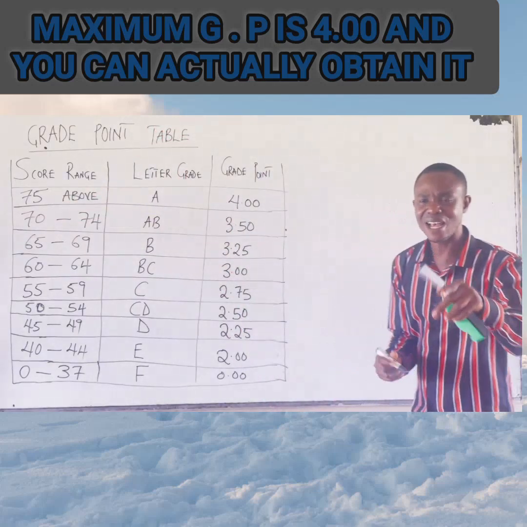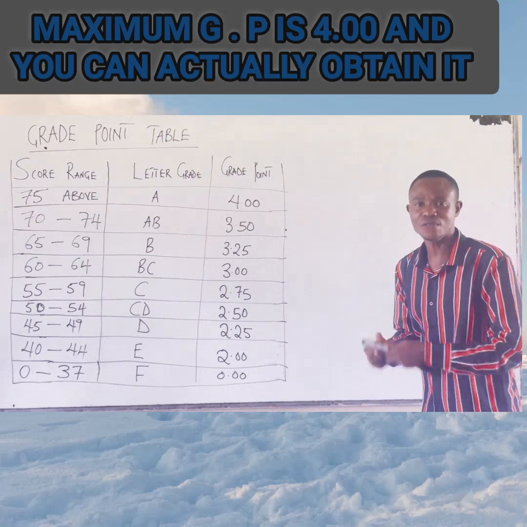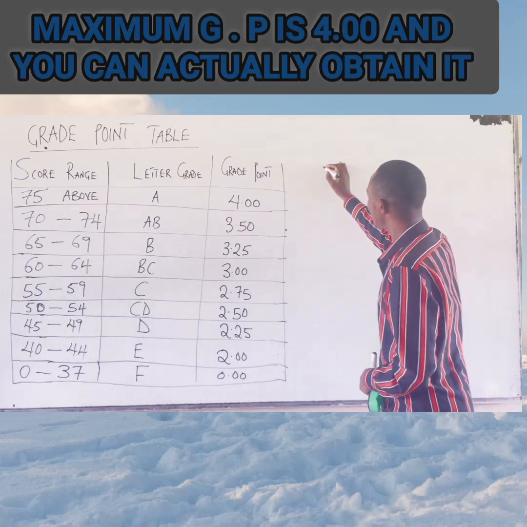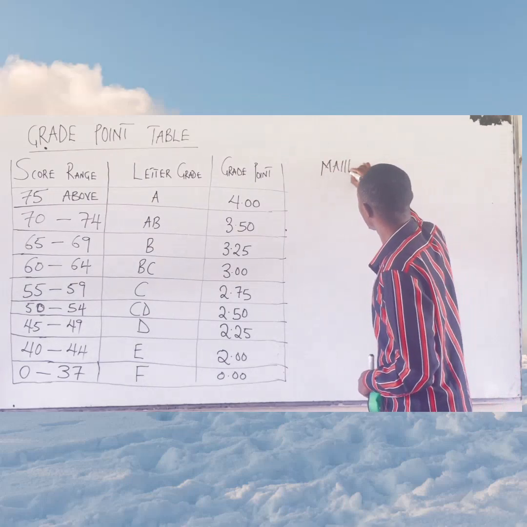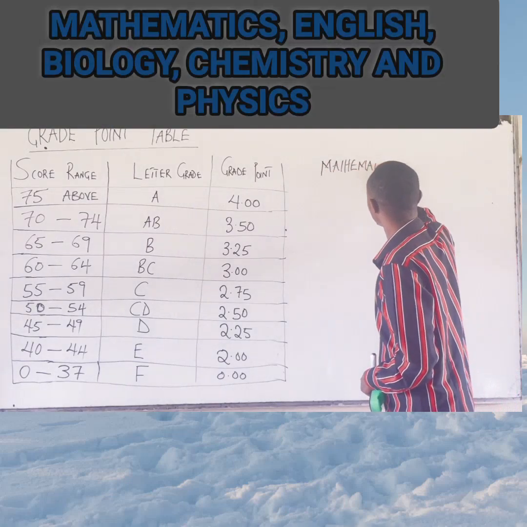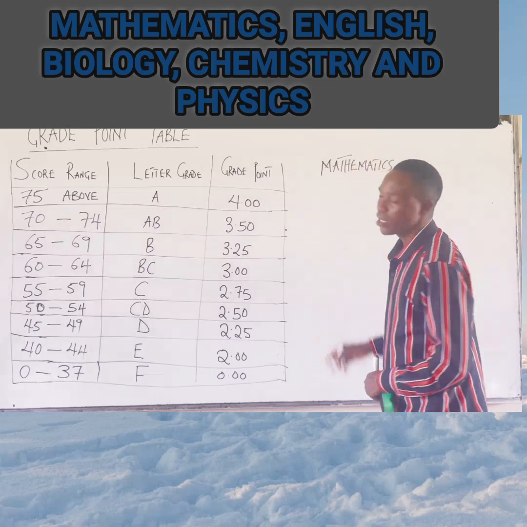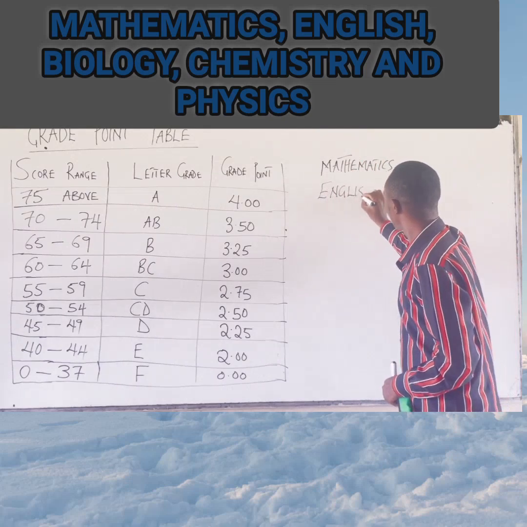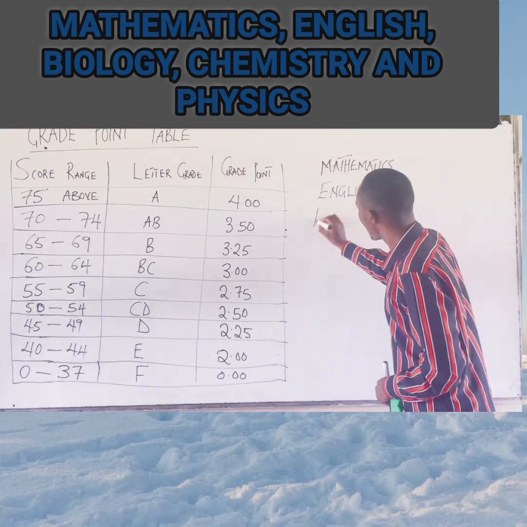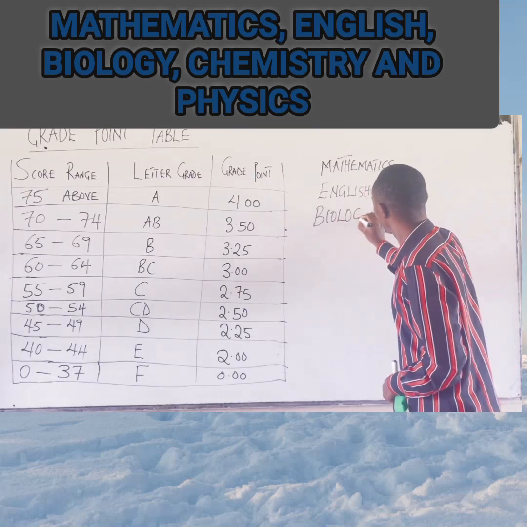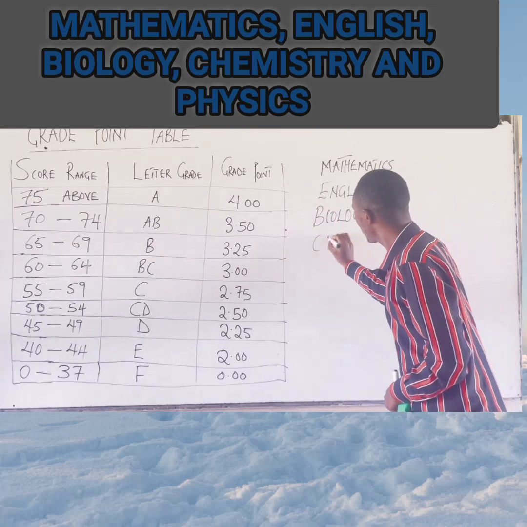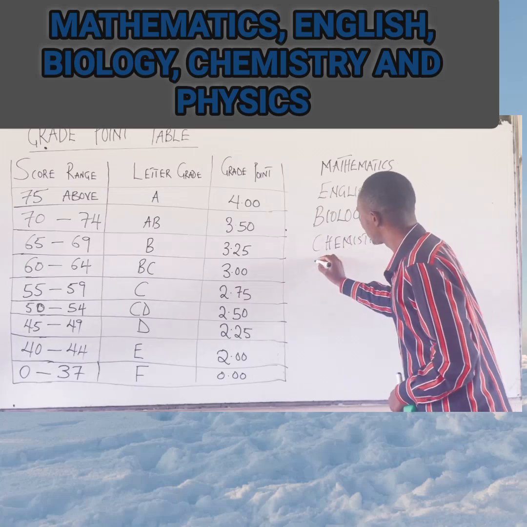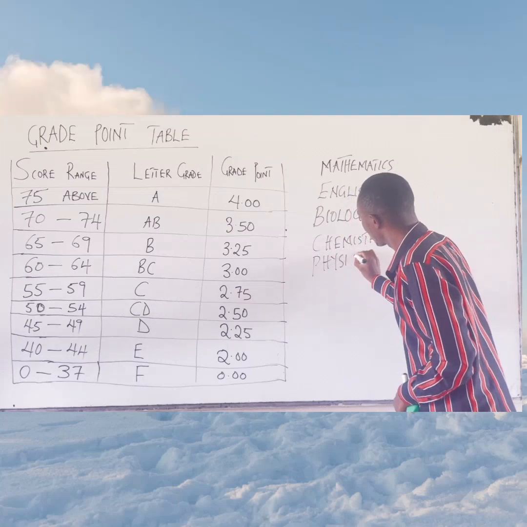So quickly, for instance, you are offering 5 subjects in your first semester. Let's say mathematics, English, biology, chemistry, and physics.